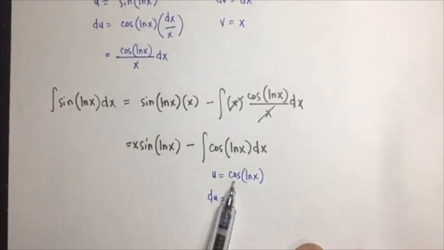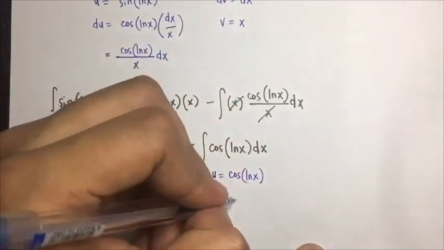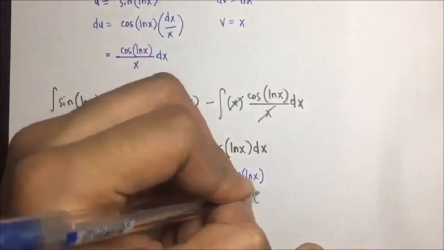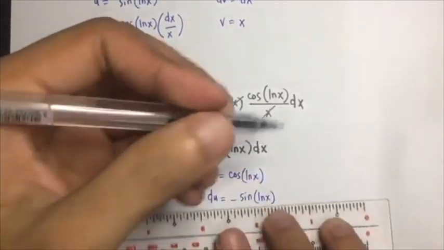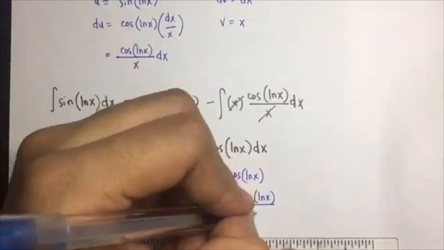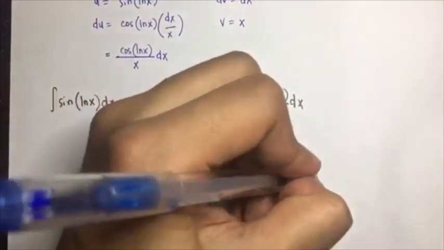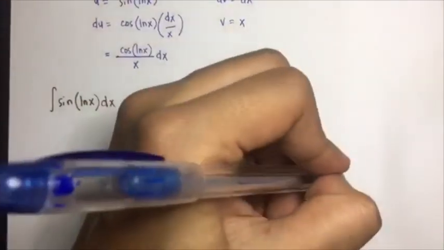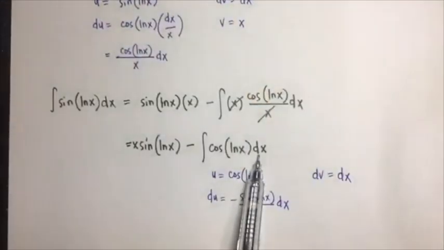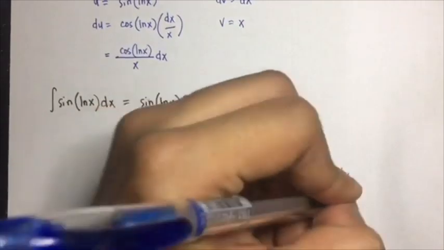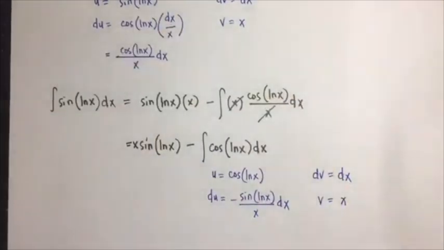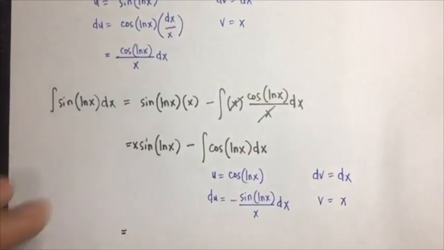The differential of cosine is negative sine, so we have negative sine of ln of x over x dx. Our dv is dx, so our v is x.